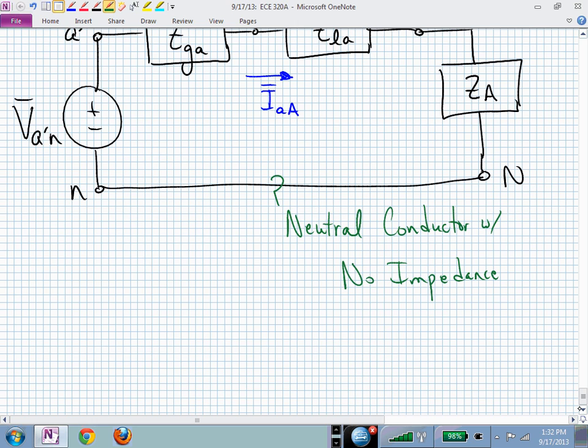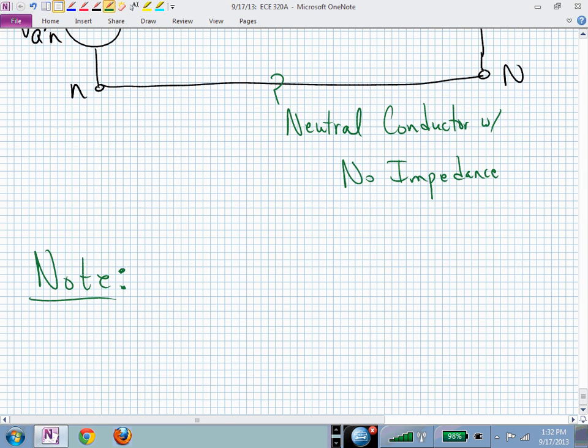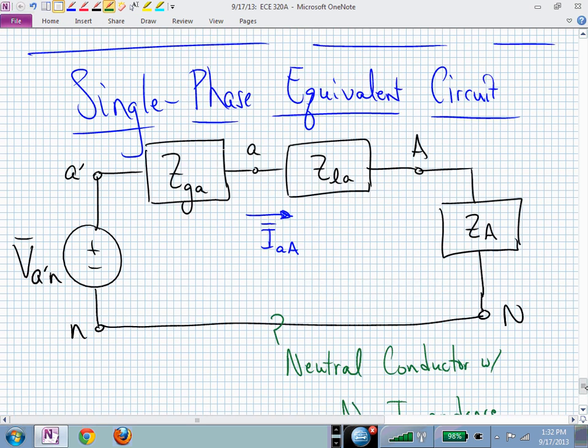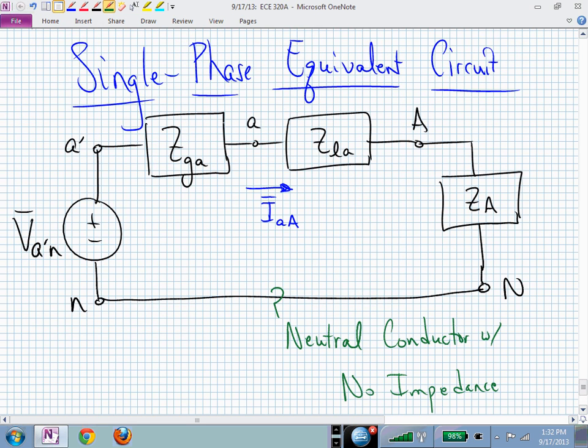But what you want to be clear on, here's where somebody could try to trip you up in an interview question maybe, is they might say, what's the current flowing in that neutral? And you go, well, from that schematic, I sub AA. But then you go, wait a minute. What did he ask?